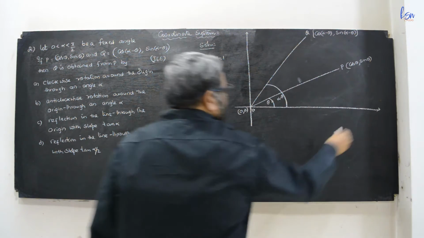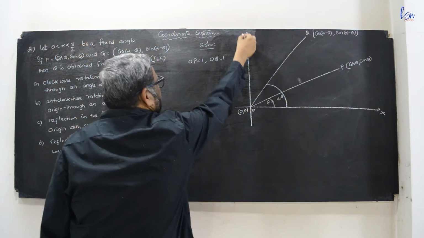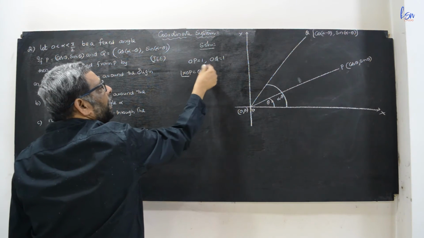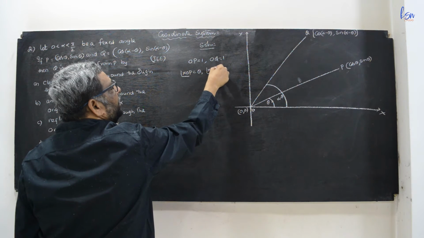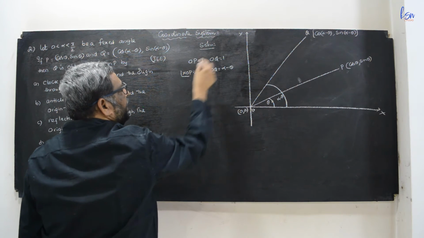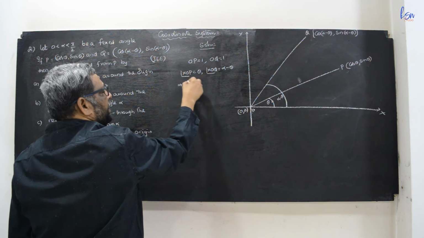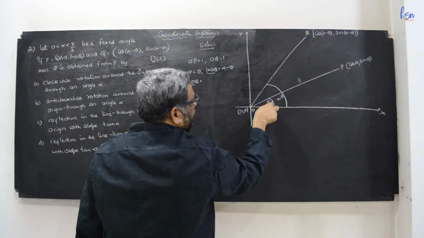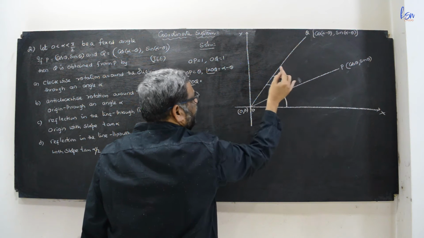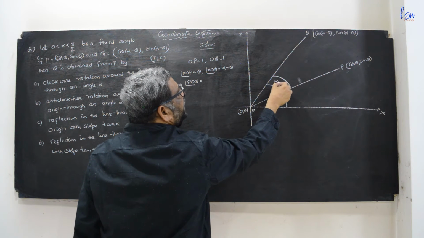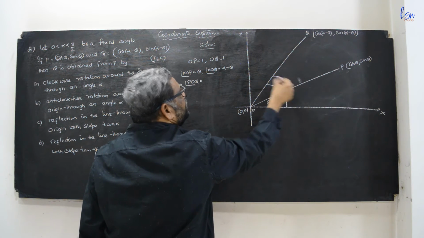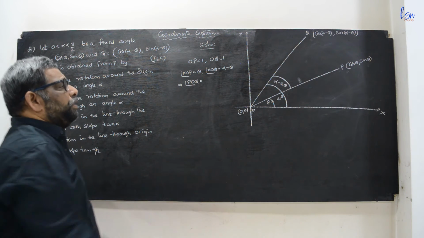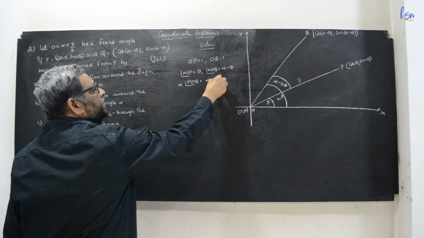If I call this x and this y, angle XOP is equal to theta and angle XOQ is equal to alpha minus theta. It implies angle POQ is alpha minus theta minus theta, which is alpha minus 2 theta.